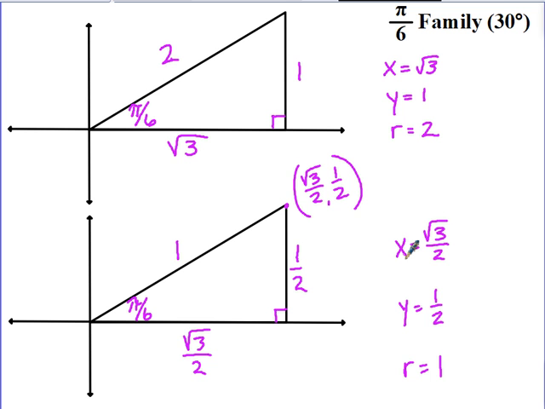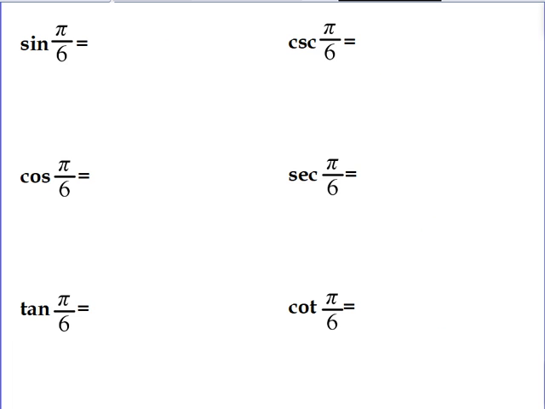This way is better for people who like SOHCAHTOA. And they always remember the opposite over hypotenuse, adjacent over hypotenuse, opposite over adjacent. Again, it's totally up to you what you want to memorize. But either way, when I get to here, I should be able to figure out my 6 values.